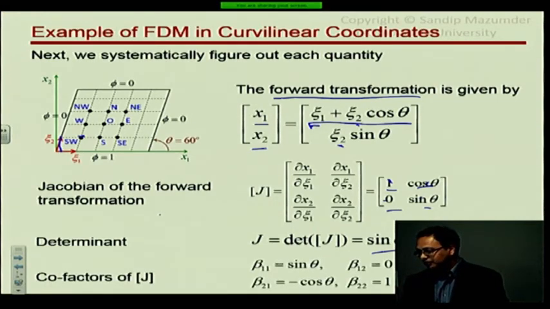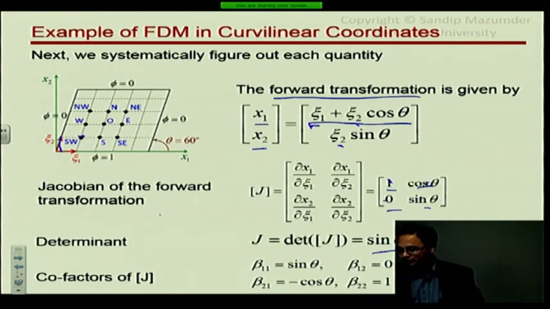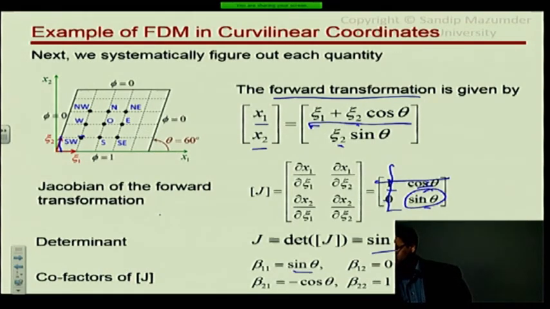And then your beta 1, 2, so now remember our rule is we take this matrix and from this we figure out the cofactors. This is now 2D. It's very easy. So beta 1,1, you cross out that, you're left with sine theta. Okay, you don't have a 2 by 2 matrix to deal with anymore. Okay, beta 1,2, you cross out this, you cross out that, you get a 0.